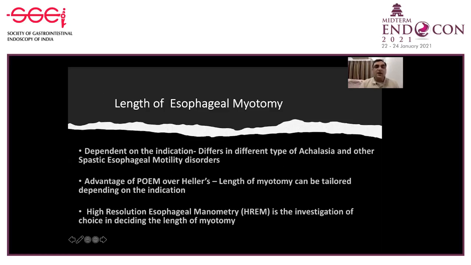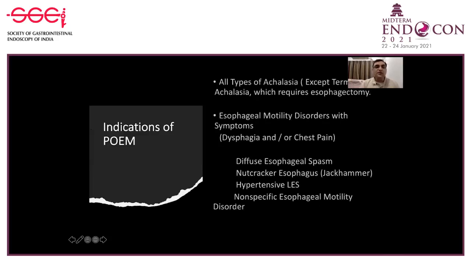This is dependent on the indication, and it differs in different types of achalasia and other spastic esophageal motility disorders. The advantage of POEM in this aspect over LHM or open Heller's is that the length of myotomy on the esophageal side can be tailored depending on the indication. HRM, or high resolution esophageal manometry, is the investigation of choice.